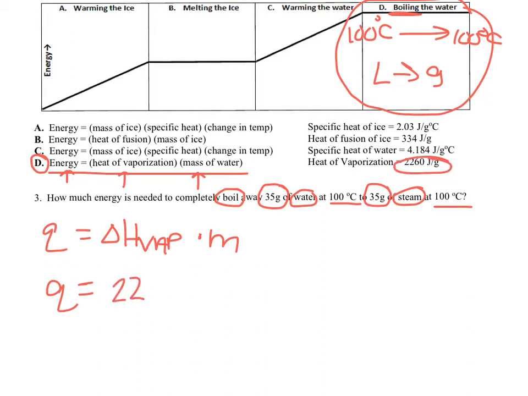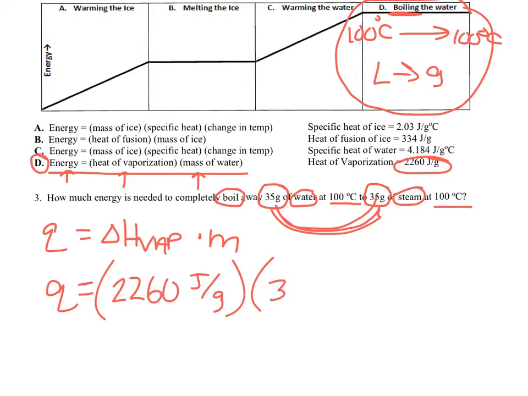The problem tells me exactly what to plug in. So I've got 22,060, and I'm going to multiply it by the mass. The mass stays at 35 grams the whole time, which it should. So I just multiply by 35. And what do I end up getting? 79,100 joules. Sorry about that, 79,100 joules is the answer.